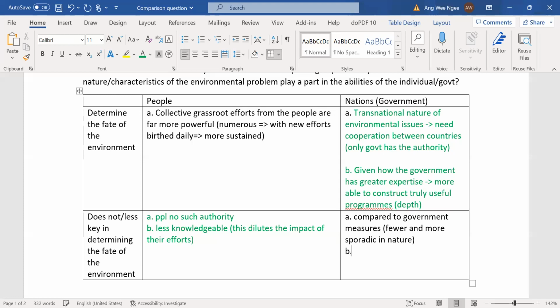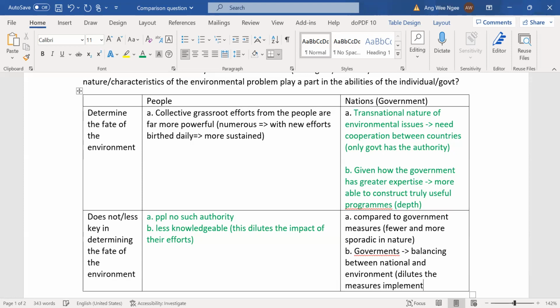So over here, you can start to think about how maybe governments are less effective, not as key, because you can think about how governments have to keep on balancing between national needs and environmental needs, and so sometimes it dilutes the impacts, the efficacies of their measures. So basically, they provide half-hearted measures.